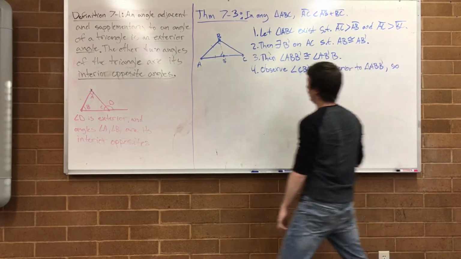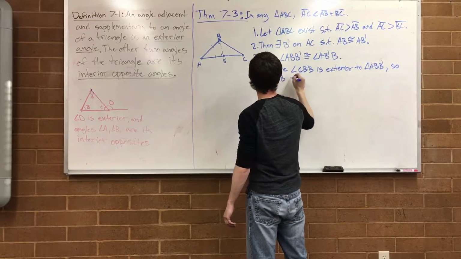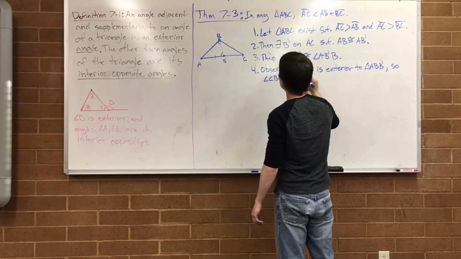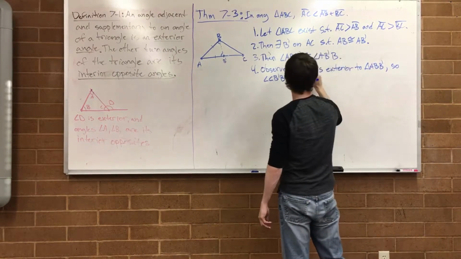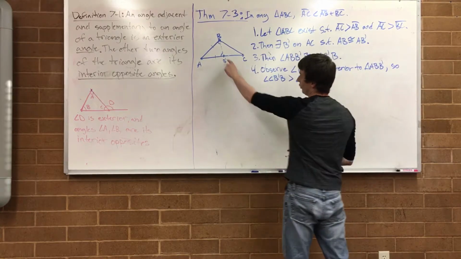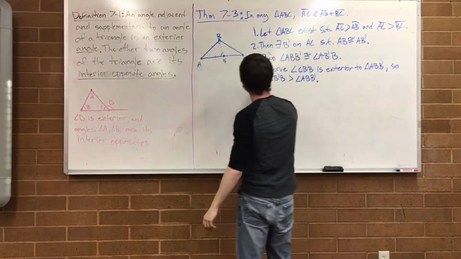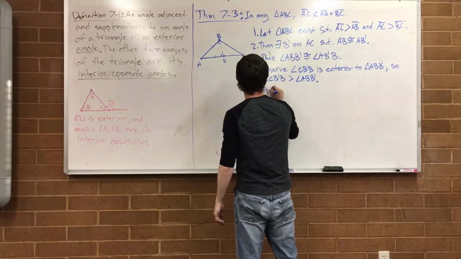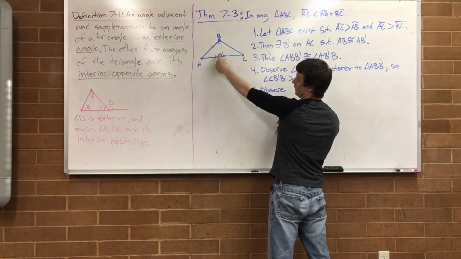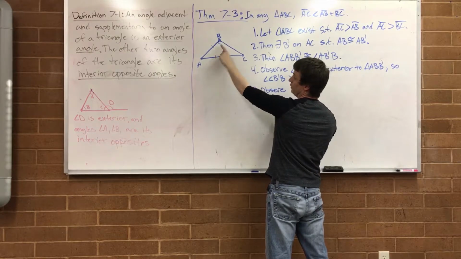So angle CB prime B is greater than angle, what did we call that last time? ABB prime. So this angle is greater than this angle. 5. Similarly, observe that this angle is exterior to this triangle over here. So this angle is greater than this angle.